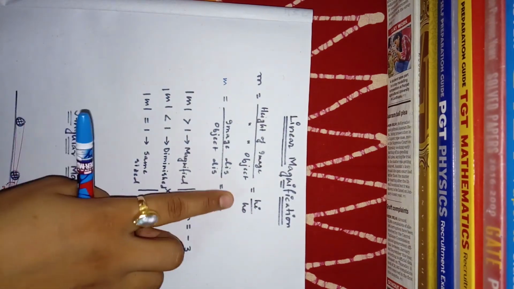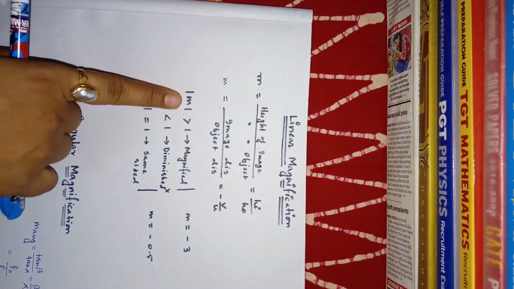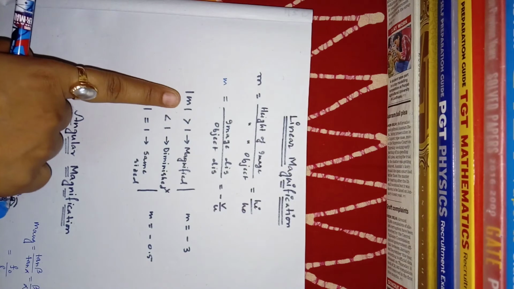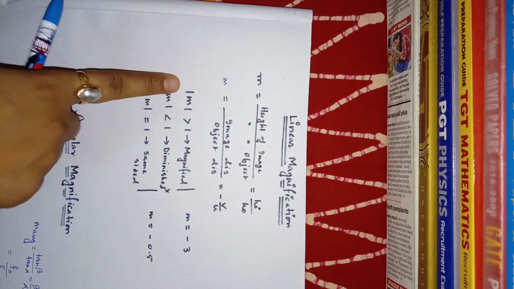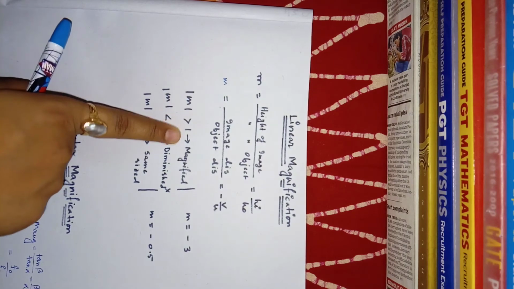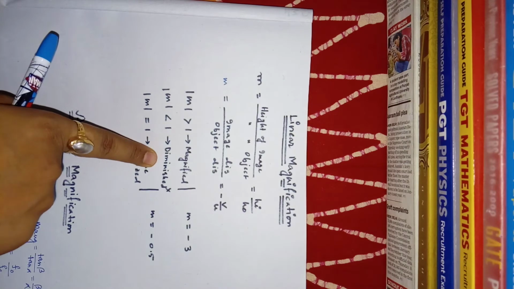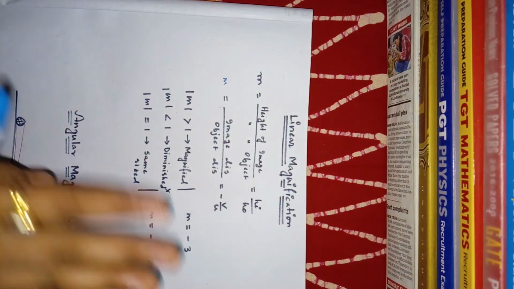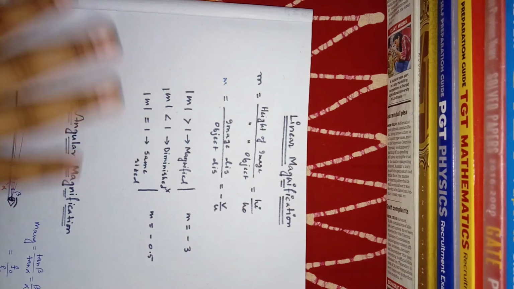If I take the modulus of it, it will surely become positive. Now if I take the modulus, meaning the magnitude, I'm not depending upon the sign. If the magnitude is greater than 1, it is magnified. If it is less than 1, it is diminished, or smaller than the size of the object. If it is equal to 1, then it will be the same size.